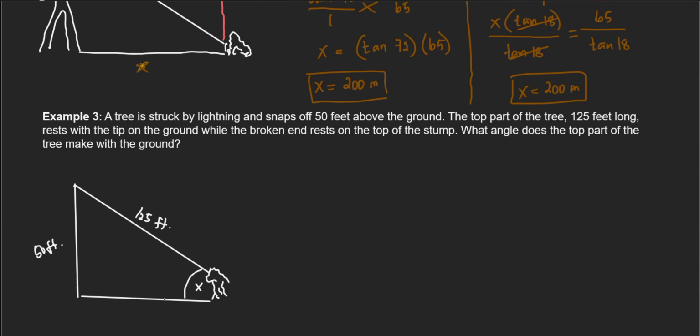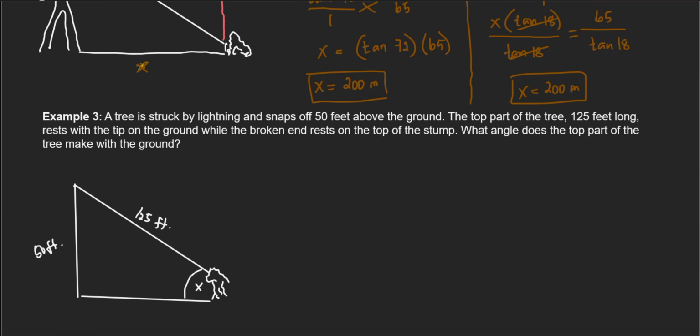In the first process, you have to identify, if you observe here, we need to go back to the trigonometric ratios.